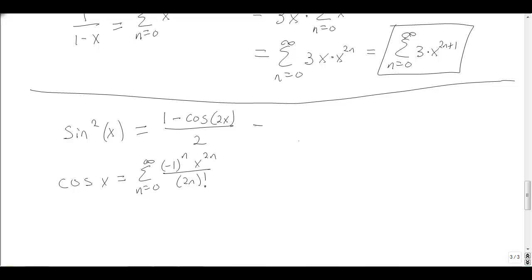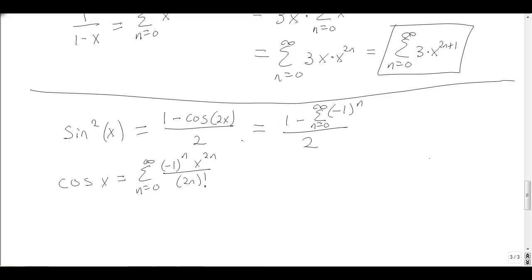So then my 1 minus cosine 2x, let's do it as 1 minus over 2. Let's just put the series in for cosine 2x here. So I get sum n equals 0 to infinity, I get a negative 1 to the n.